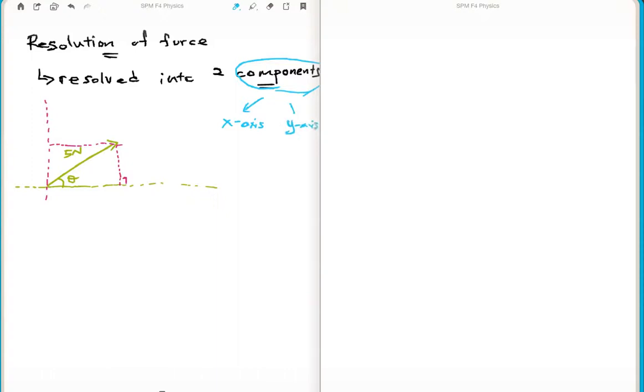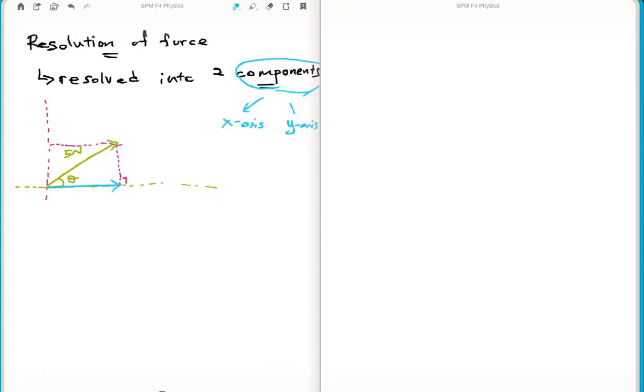The trick is, if you draw a perpendicular line, this would eventually be your x component, and if you do it correctly, the magnitude of this length will always be shorter than the 5 Newton, because it's perpendicular.